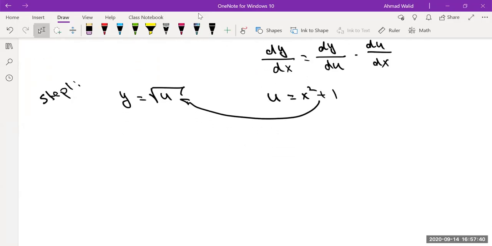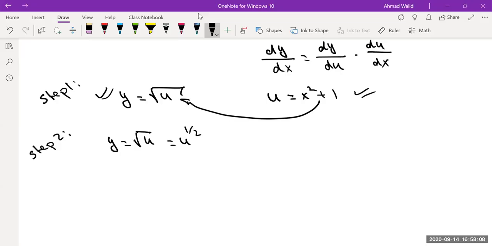Now, in step 2, find this derivative and find this derivative. Correct? That will be your step 2. Let's find the derivative of this function. Y equals a square root of u. Can I write the square root of u as u to the power of 1/2?